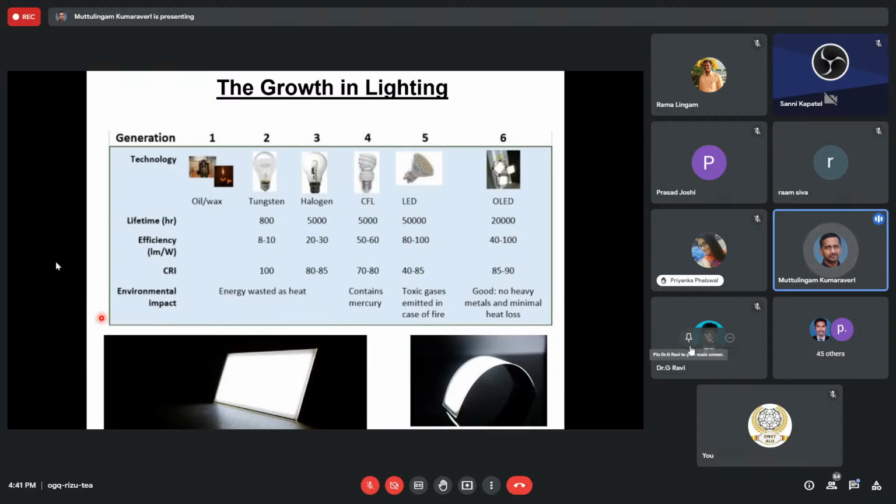But the problem is that with the first three, we lose a lot of energy. When we use those lamps, most of the energy is released as heat. The next, the fluorescent lamp, contains mercury, which is why it is banned in the UK, so we can't use it. It is toxic. And the LED also has some toxic gases.